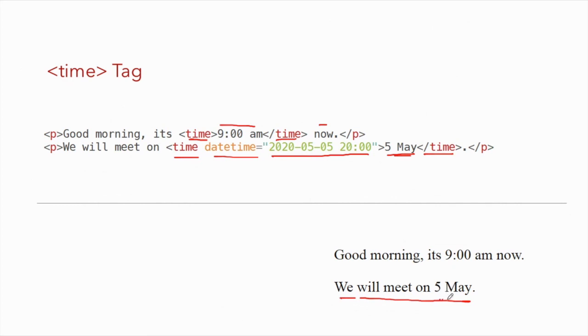But when you click on this, the operating system on your mobile or computer will give you additional options, like whether you want to create a calendar event for this or add it into a reminder. This is very useful, and with this we have completed most of the tags that are supported by HTML5. Now let us try these tags that we have seen so far inside the text editor.